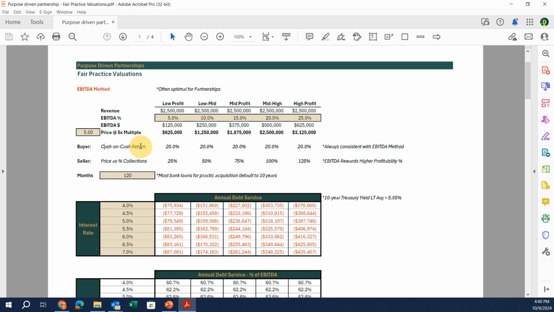Cash-on-cash return is not necessarily a term that's talked about a lot in the industry, but we think there's some really good value in understanding what that figure represents.